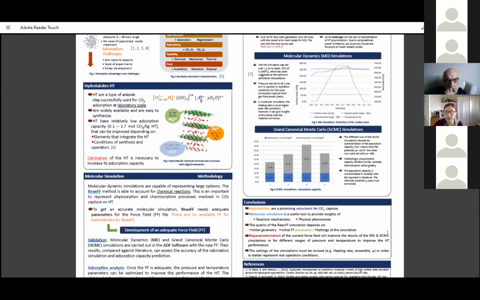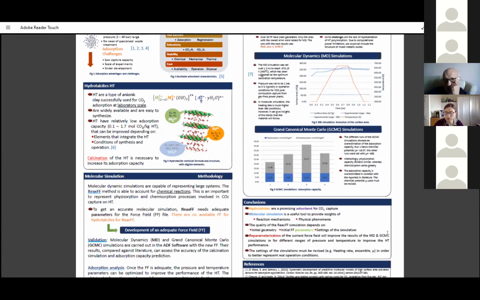Adsorption or desorption? Desorption. The adsorption can be done, I guess, from 0 to 250. Most of the studies have shown good results between 30 and 60, but some have shown it is possible at around 200, which is much higher.